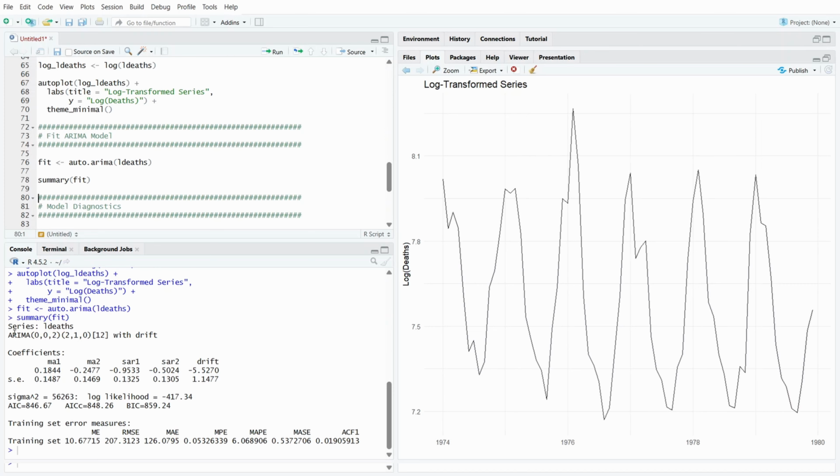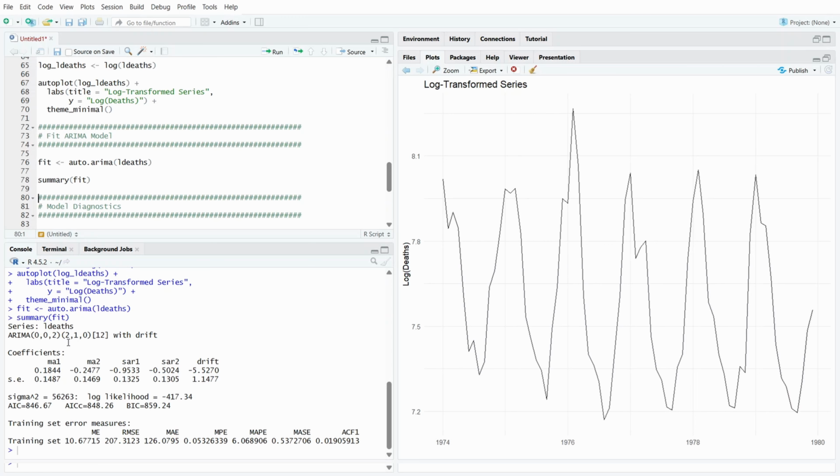First, the model selected is ARIMA(0,0,2)(1,0,2)[12] with drift. That may look technical, but here's the intuition. The model includes moving average components. That's the MA2 part, meaning it uses recent random shocks or surprises in the data to improve predictions.